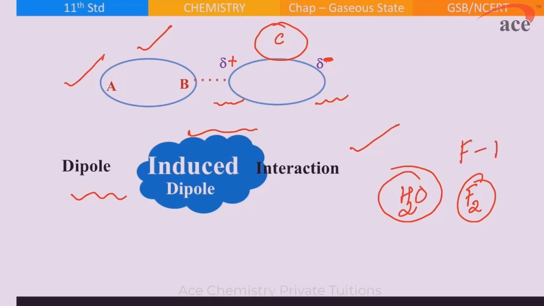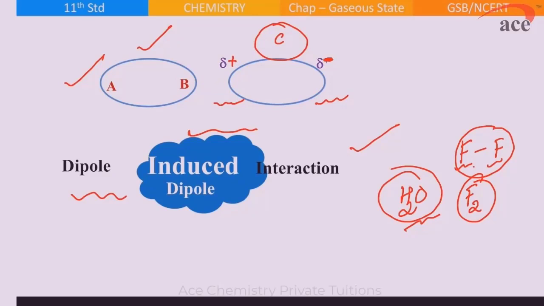Between the two F atoms, there is no positive or negative charge because they are both the same. But when you bring such a molecule closer to polar molecules, they will get charge, meaning they get polarity due to another polar molecule. I hope this part is clear.